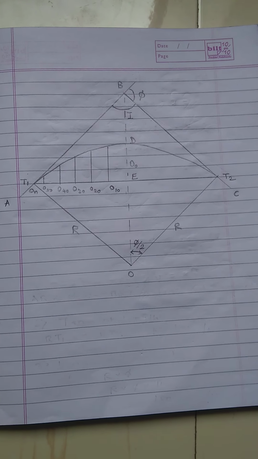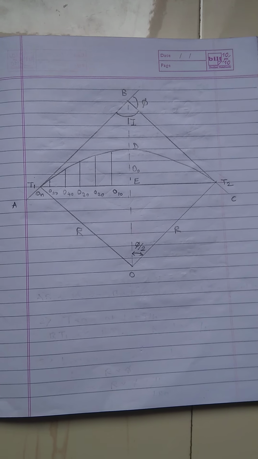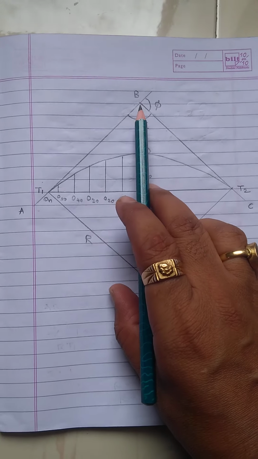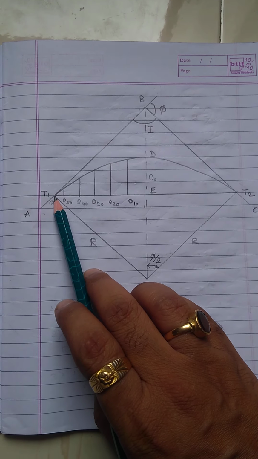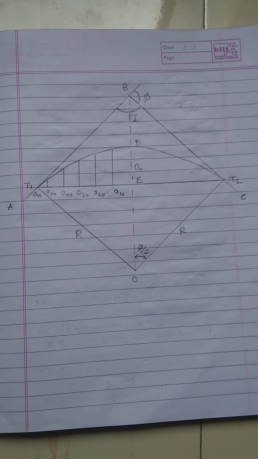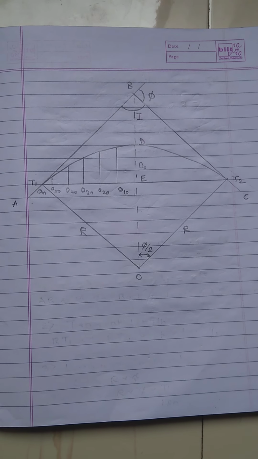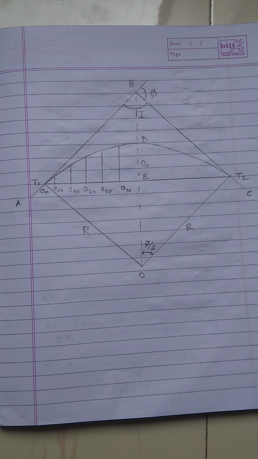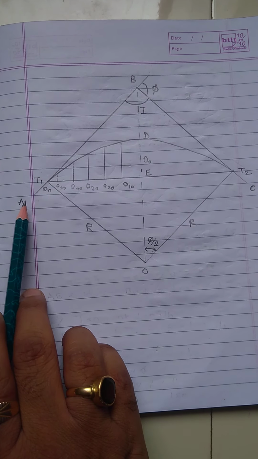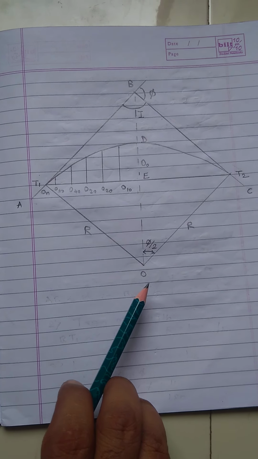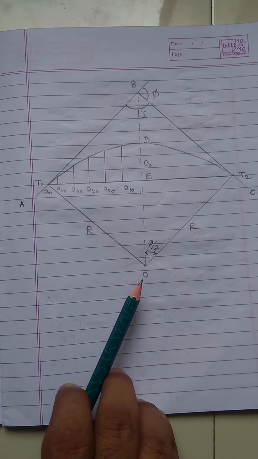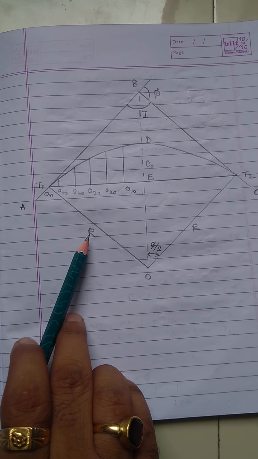Now BT1 is the back tangent and BT2 is the forward tangent. These are the tangent lengths. This is the point of origin of the curve. This is the center of the curve, and this is the radius of the curve.